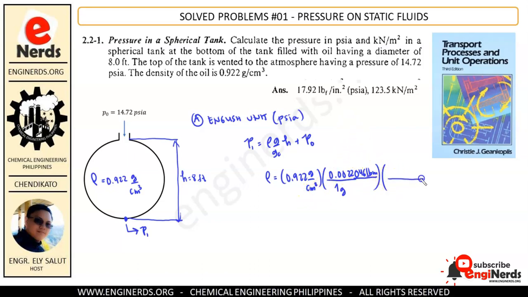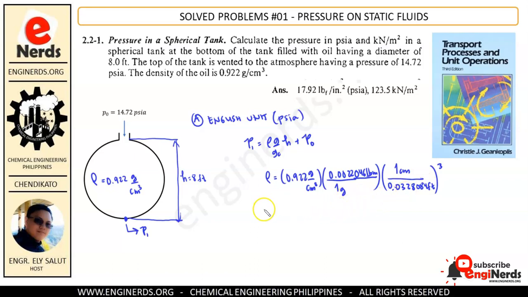So, 1 centimeter is equal to 0.0328084 feet. And this will be cube. Okay, so ang magiging unit natin dito will be pound mass per cubic foot.